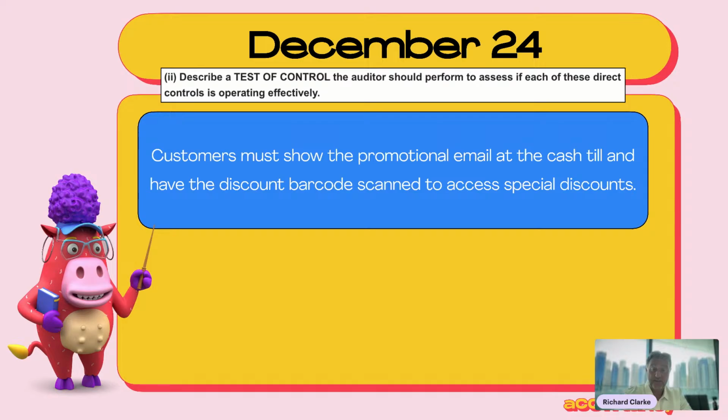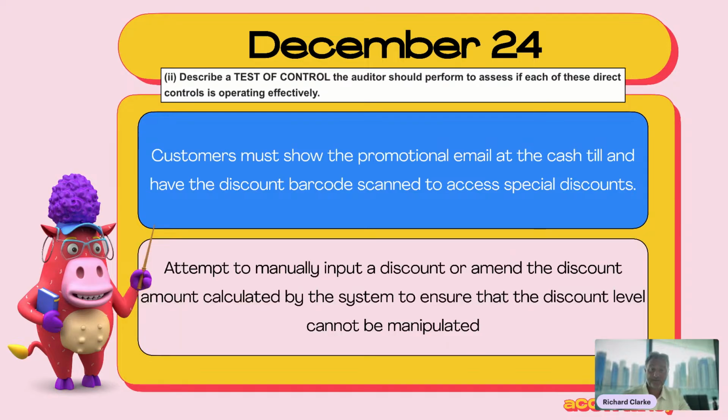This is one that the examiner came up with. Attempt to manually have a discount or amend the discount amount calculated by the system to ensure that the discount level cannot be manipulated. There's loads that you could have said. Okay. That, my friends, would be your 1 mark.